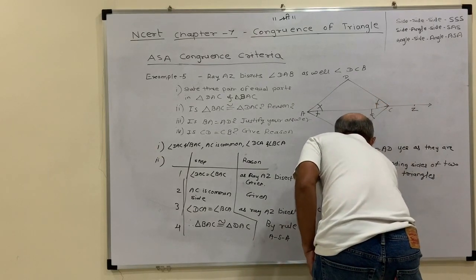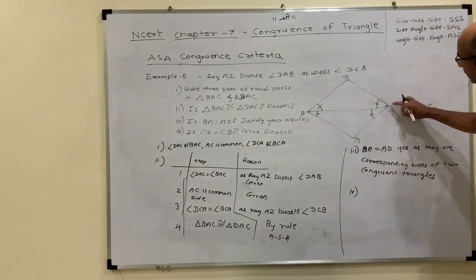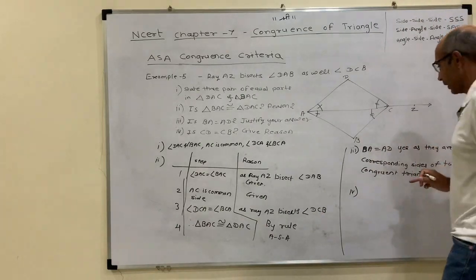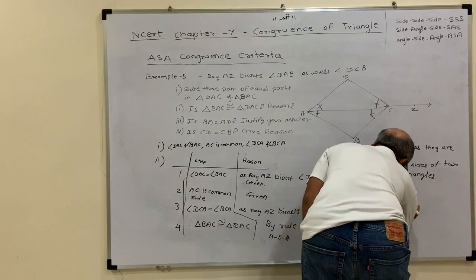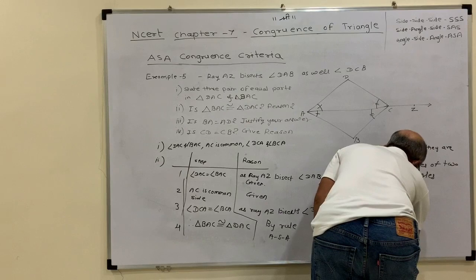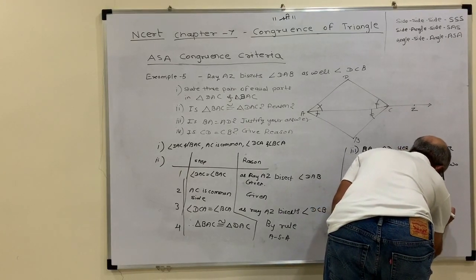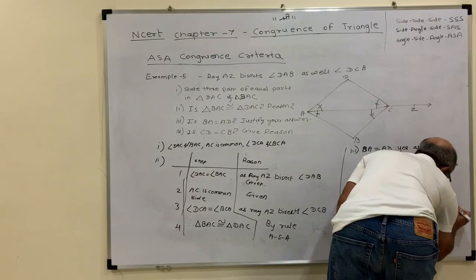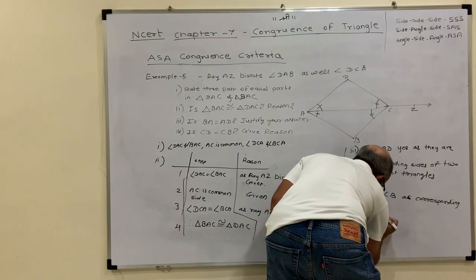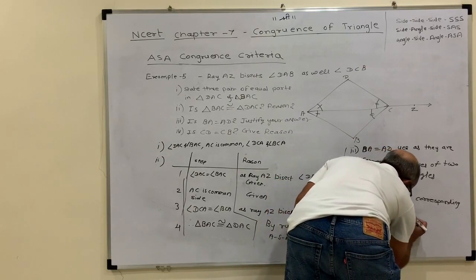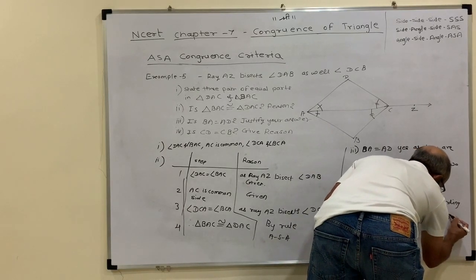And fourth one, in similar fashion, is CD equal to CB? Again, yes. CD is equal to CB as corresponding sides of congruent triangles.